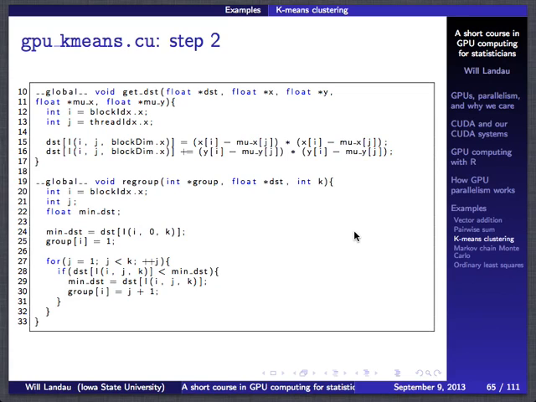X and Y are vectors of floats, and X has the vector of X coordinates, Y is the vector of Y coordinates. This is a simple 2D k-means. I didn't go more than 2 dimensions here. And mu x and mu y are the vectors of x and y coordinates of the cluster centers. So you've got points and you've got cluster centers over here.